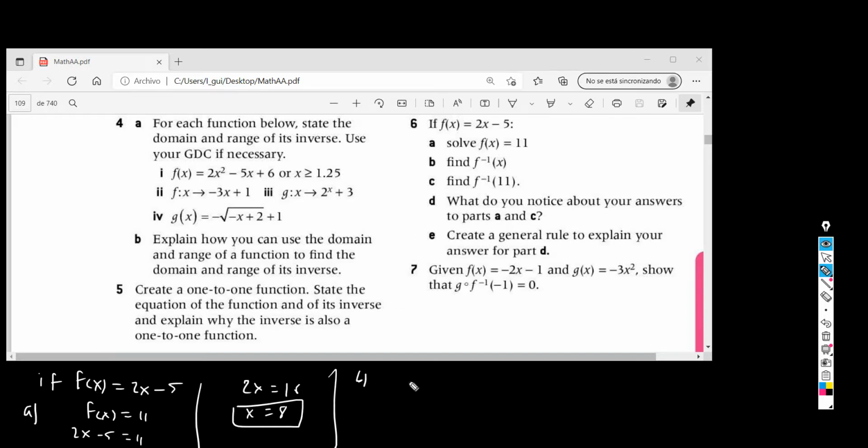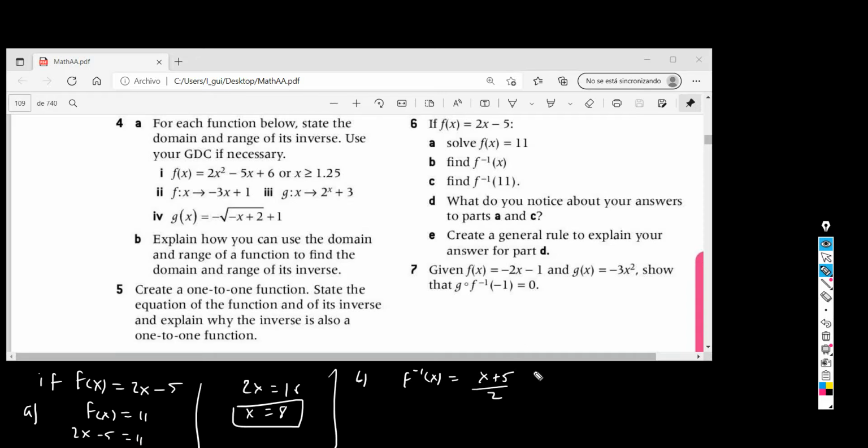B, find f inverse of x. Find f inverse of x. That's going to be x plus 5 over 2, right?